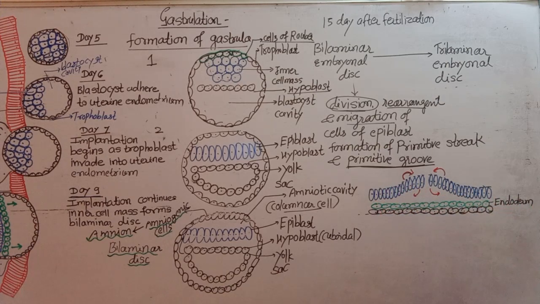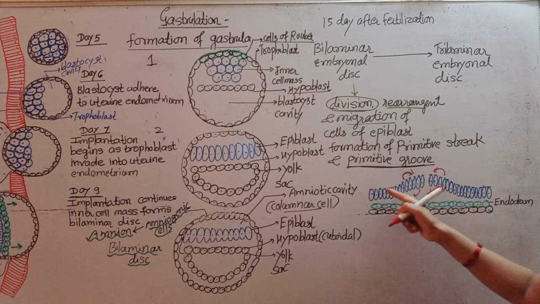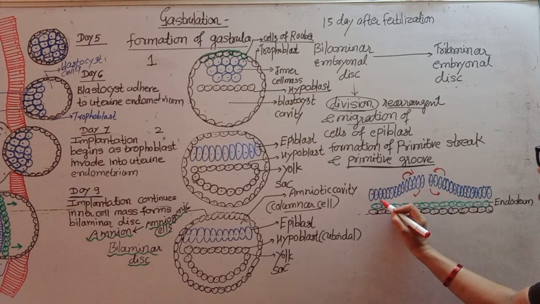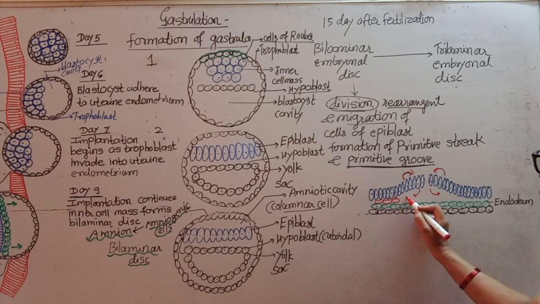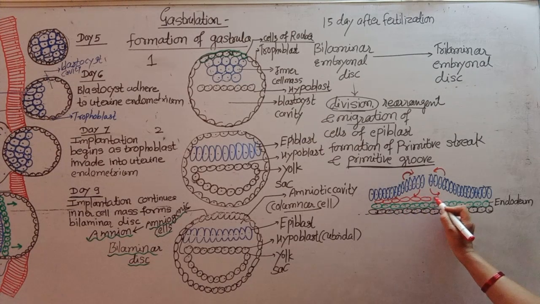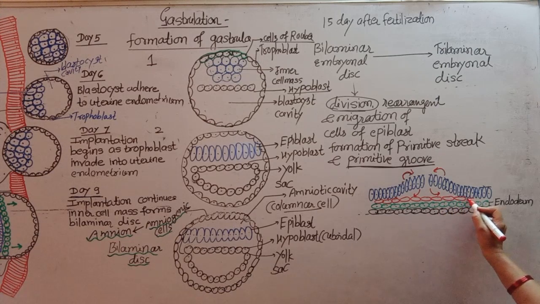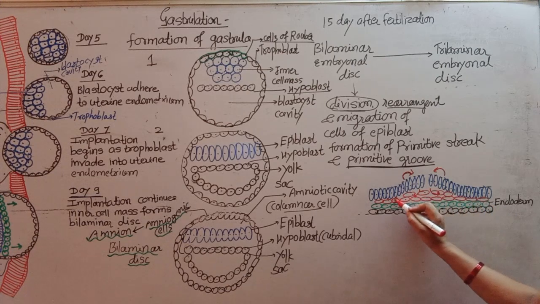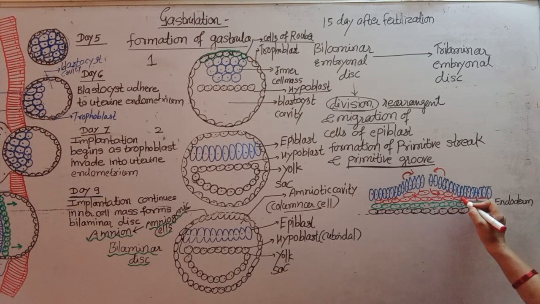So this is endoderm. Then again the cells of epiblast divide and redivide, and then some cells differentiate and arrange between epiblast and endoderm. These are mesodermal cells, so this layer is mesoderm.